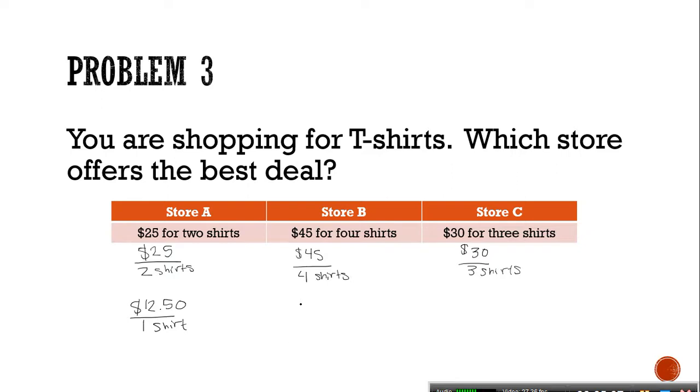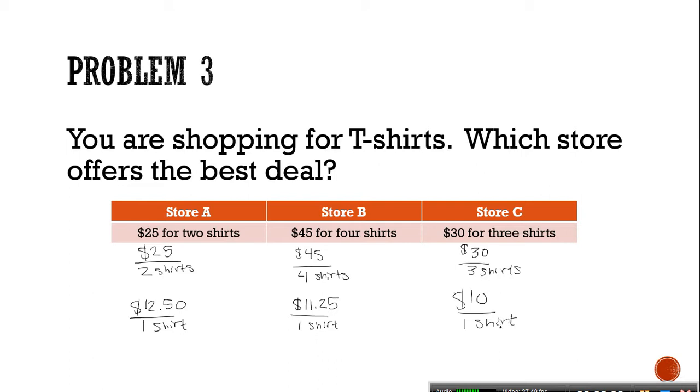And we're going to get that we're going to pay $11.25 for 1 shirt. And for store C, 30 divided by 3 is $10 for 1 shirt.